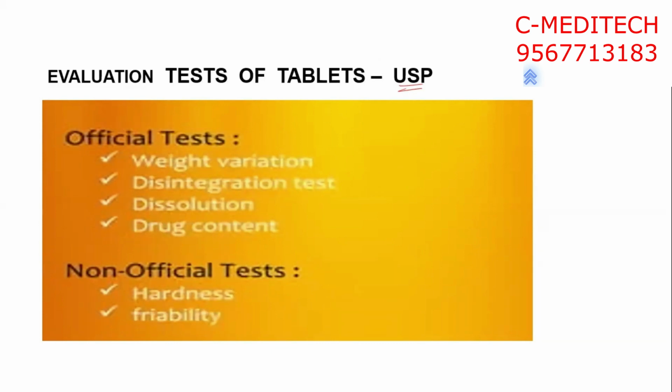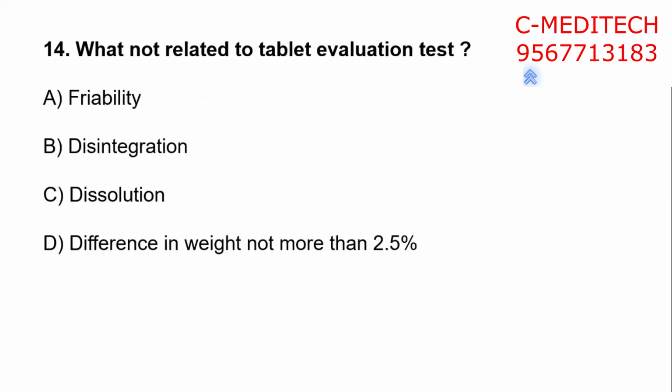Okay, so now let's see the question once again. Which is not related to tablet evaluation test? Friability test. We are using the friability test for finding the fibrillation, or the breaking capacity, of the tablet. And disintegration is a tablet evaluation test. Dissolution is also a tablet evaluation test.